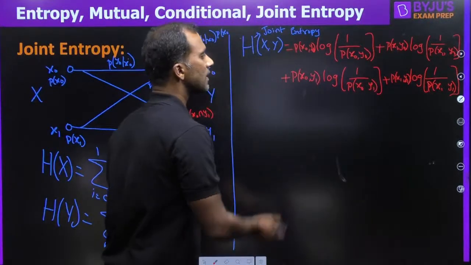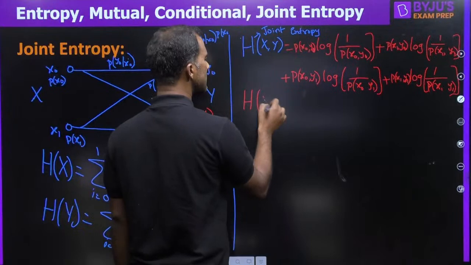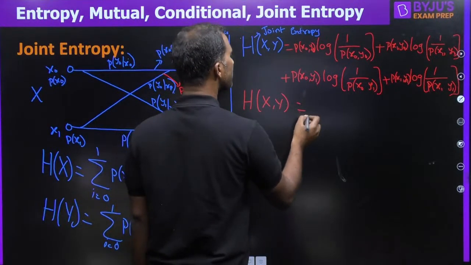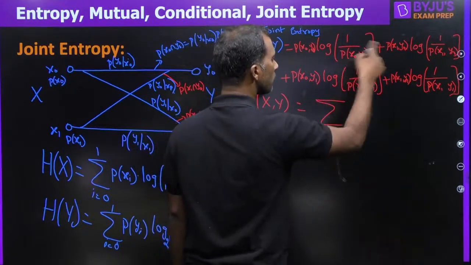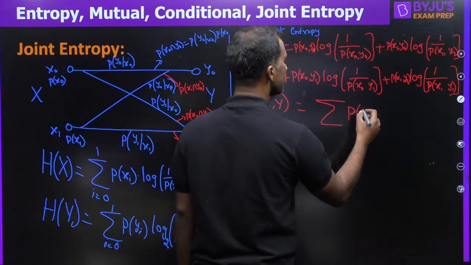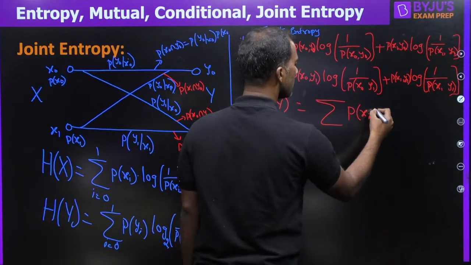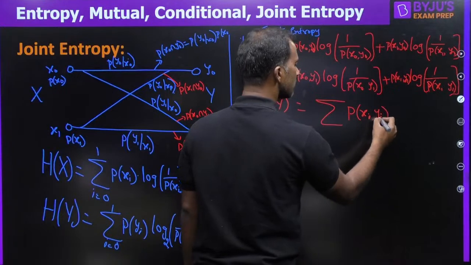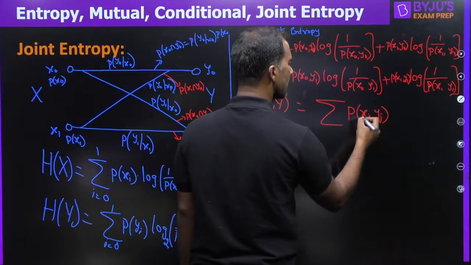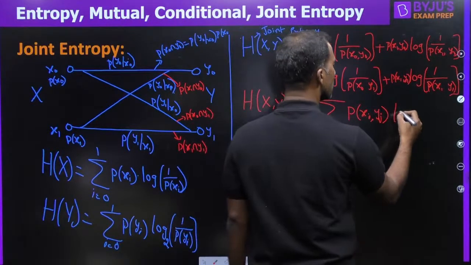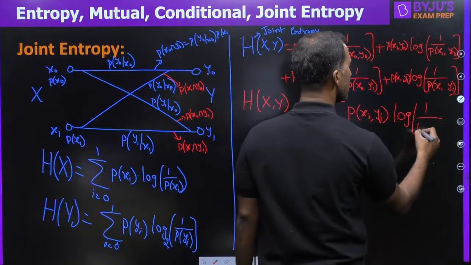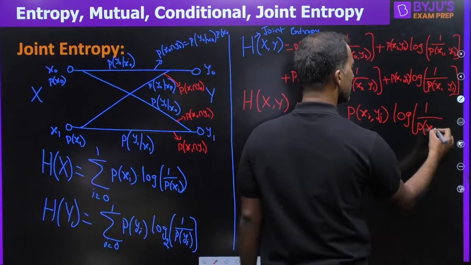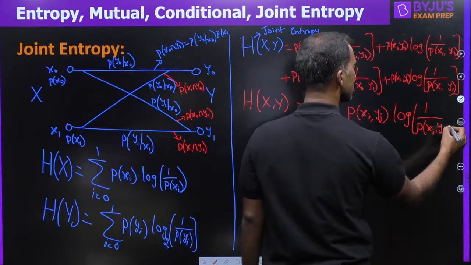That's it. So let us simplify this and write it in a more easy manner. Instead of writing 4 terms, let's write it as a single term by using summation. Sigma of P of xi comma yj, instead of 1 0 1, I am writing it as i comma j, into logarithm of 1 by p of xi comma yj.